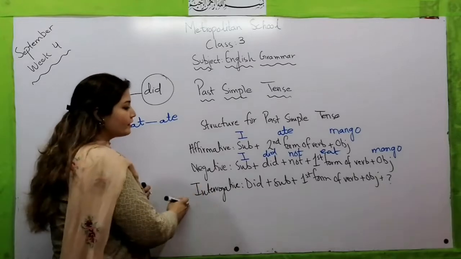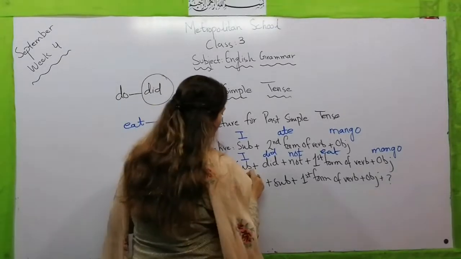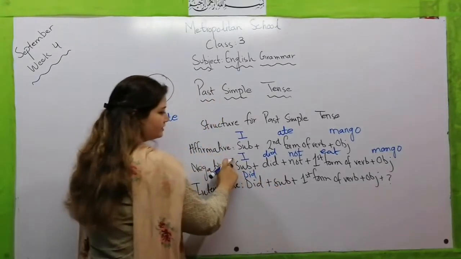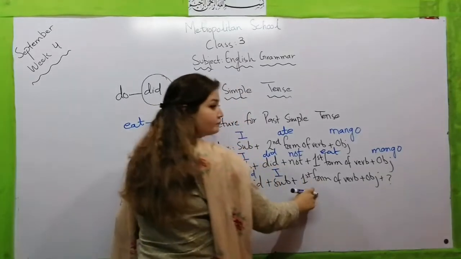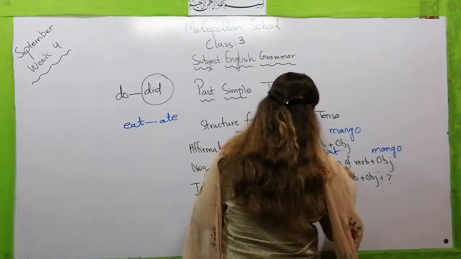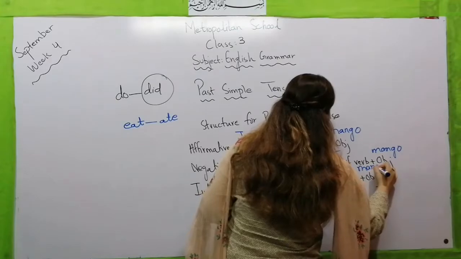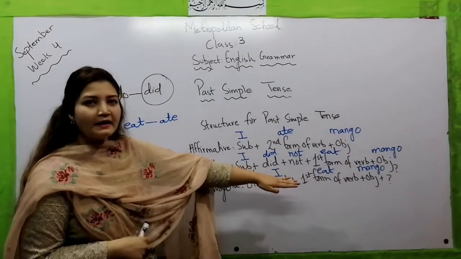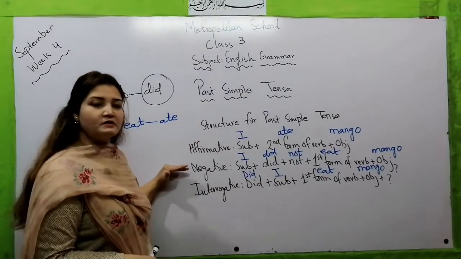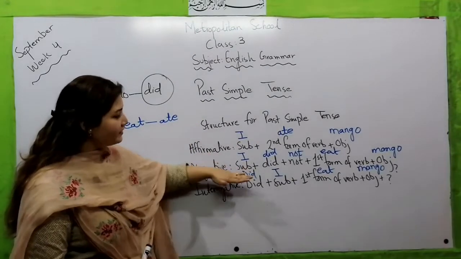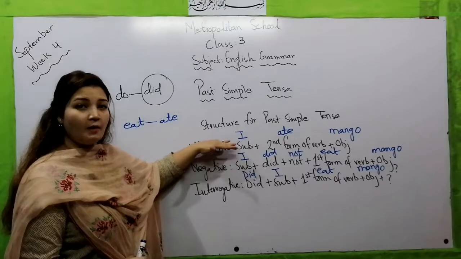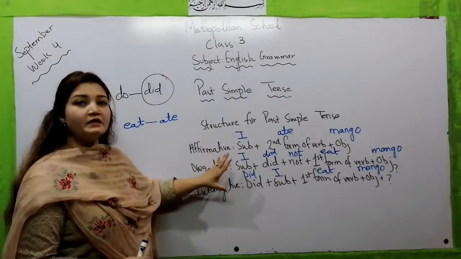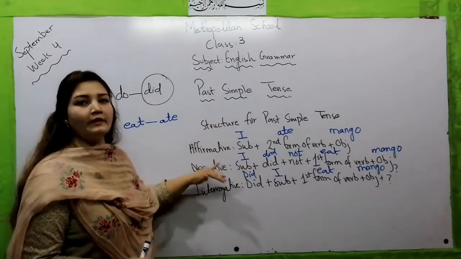And now for the interrogative sentences, same copy: did, the subject is I, the first form of verb is eat, and then the object mango, and then a question mark. Did I eat mango? Now let's repeat the translation with me, as I have mentioned the translation just above the structures to make it clearer and easier for you.